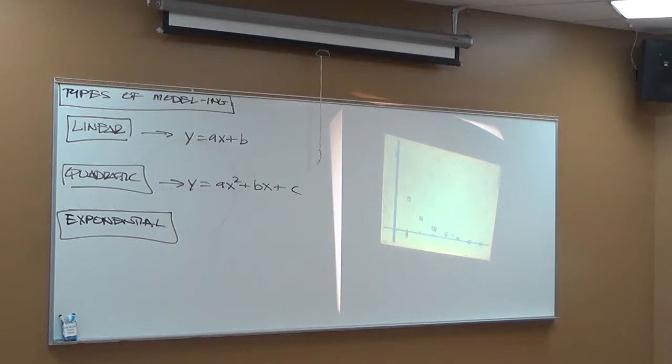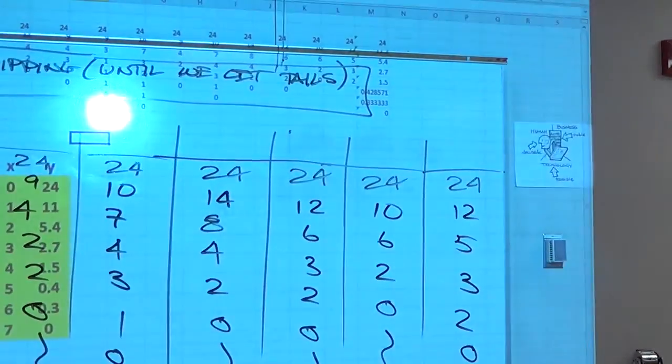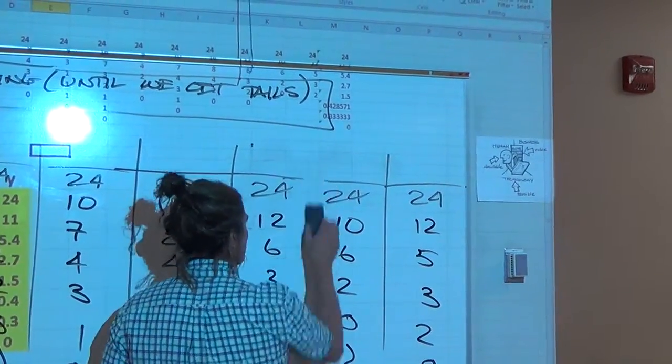Exponential modeling. Now, the reason we can just jump right into it is because Mike has already decided, and some of you probably picked this up too, when he noticed the 12, 6, 3, that pattern 24, 12, 6, 3. Yeah, Tori's like, yeah, it's half and half and half and half. So what you can do is you can look at the actual data in some of these data sets, like for example, we'll use the pretty one right here.